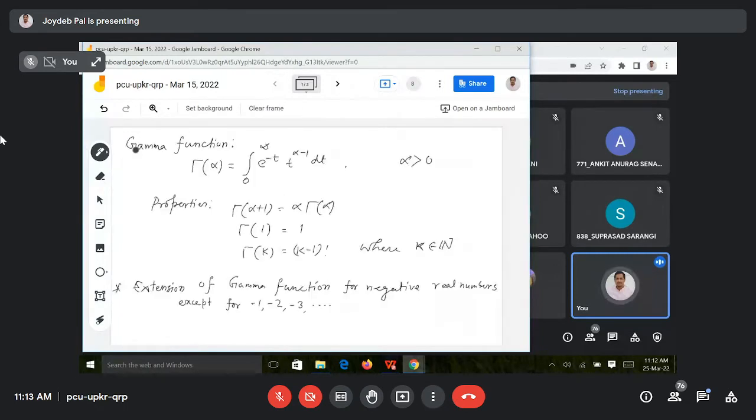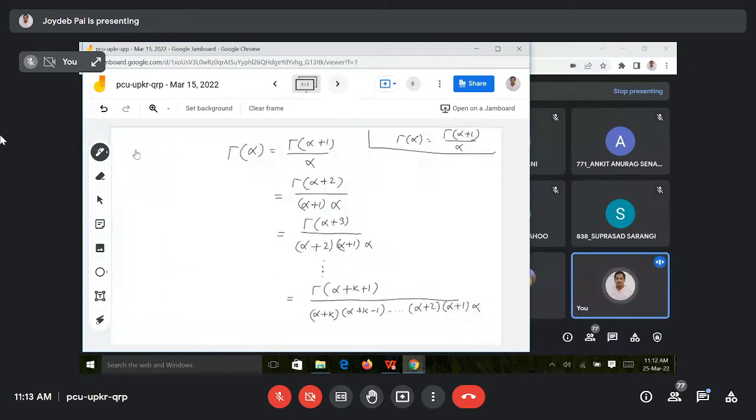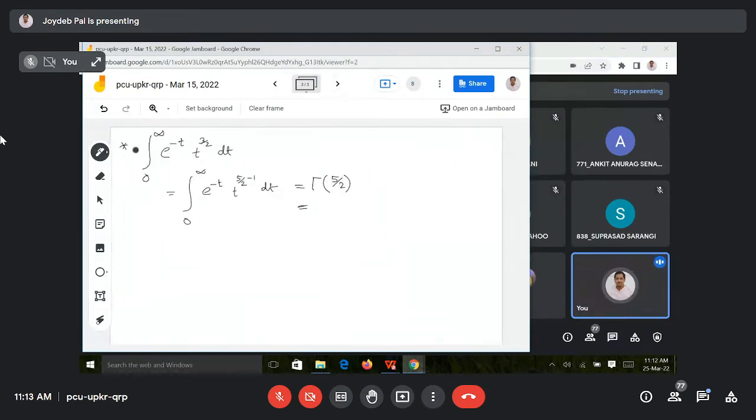Now we can apply this property, gamma alpha plus 1 is equal to alpha gamma alpha. By applying that property, what will be the value? So can I write it as 3 by 2 gamma 3 by 2? Yes, sir. Then gamma 3 by 2, can I write it as half gamma half? Yes, sir.